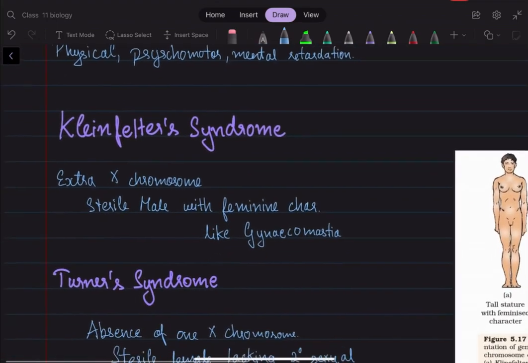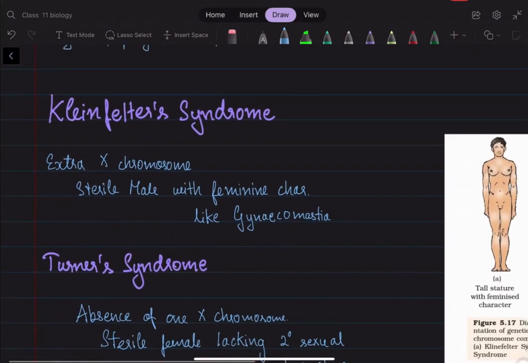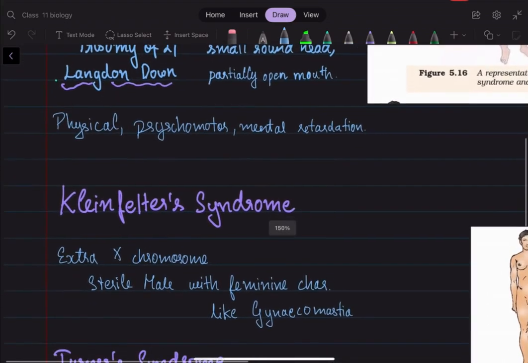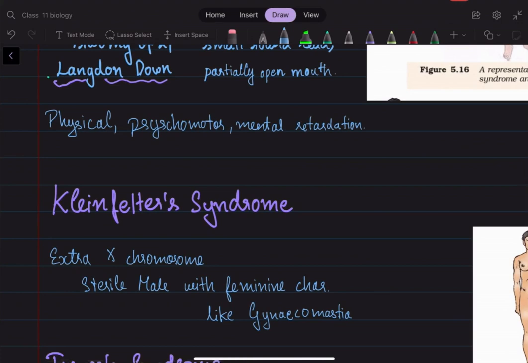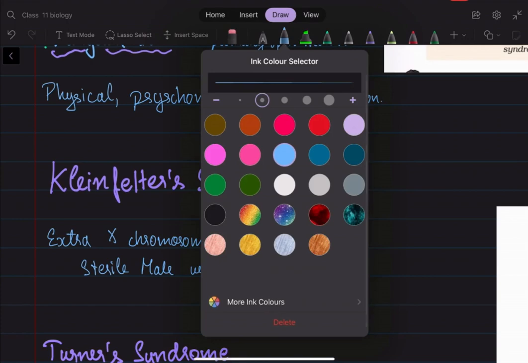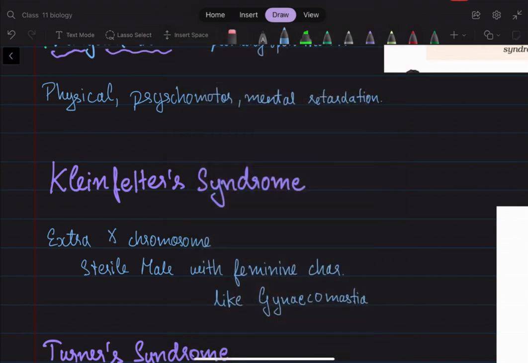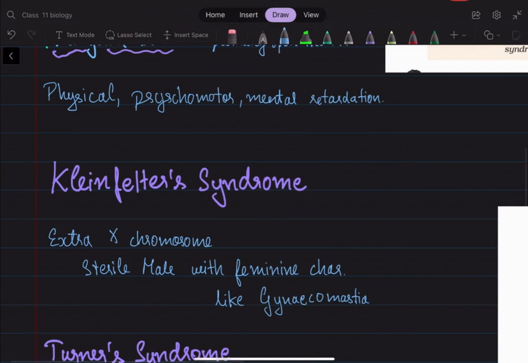Coming to the next syndrome, that is Klinefelter syndrome. We know the last pair is the sex chromosomes, right? So we either have XX or XY. In this case, the person has an extra X chromosome resulting in the genotype of XXY.